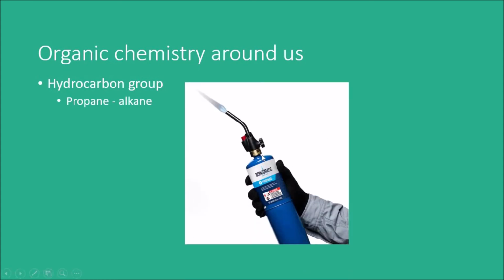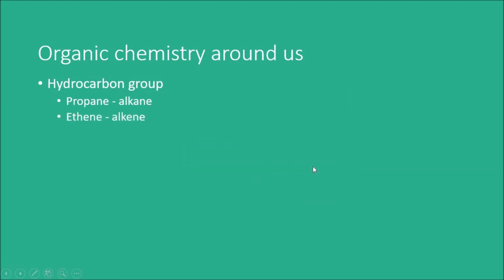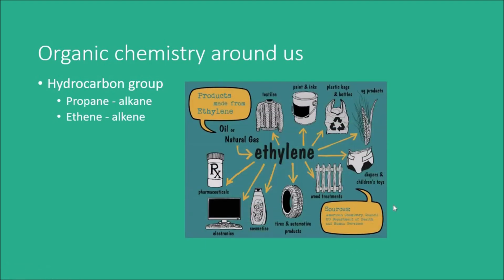Yes, we use that for torches, fuel, for gas stoves. We also use ethene for alkene. From alkenes, ethene, also known as ethylene, has many products. Produce textile, paints, plastic bags, fur. It has many uses.